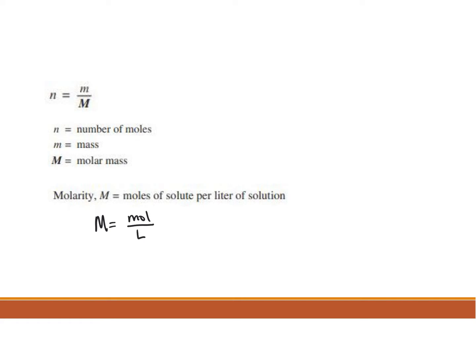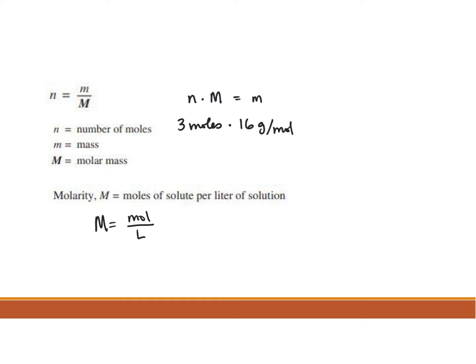So if you take the number of moles, N, and multiply it by the molar mass, that would give you the mass of the object itself. Which makes sense, because if you have 3 moles of something, for example, and the molar mass of an object is, let's say oxygen, which is 16 gram per mole.